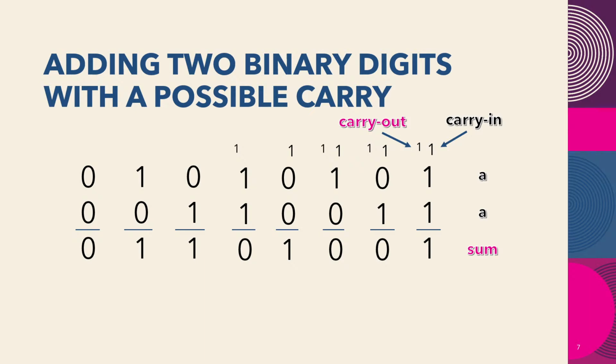This operation is what a full adder can do. And that's why it's called a full adder, because it can add all 8 of these combinations, including all the carries that come into it.